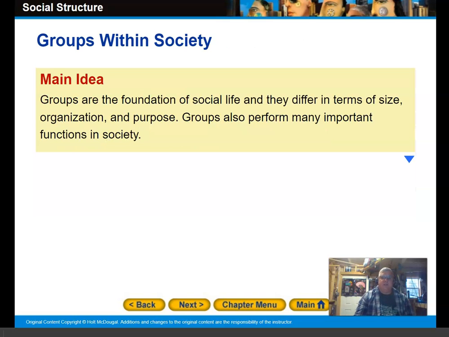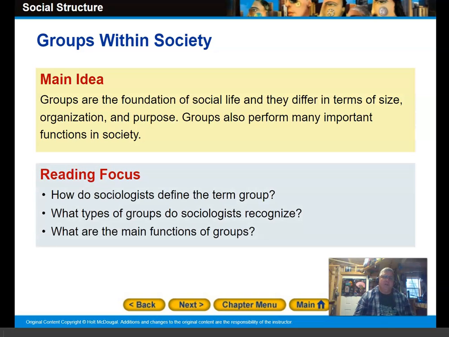So our main idea for this section is that groups are the foundation of social life, and they differ in terms of size, organization, and purpose. Groups also perform many important functions. At the completion of this section, you should have in your notes: How do sociologists define the term group? What types of groups do sociologists recognize? What are the main functions of a group?